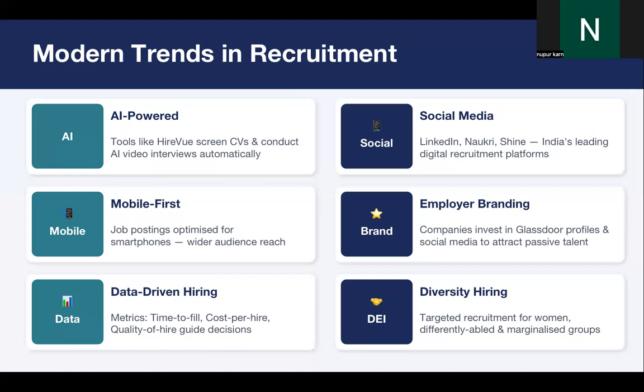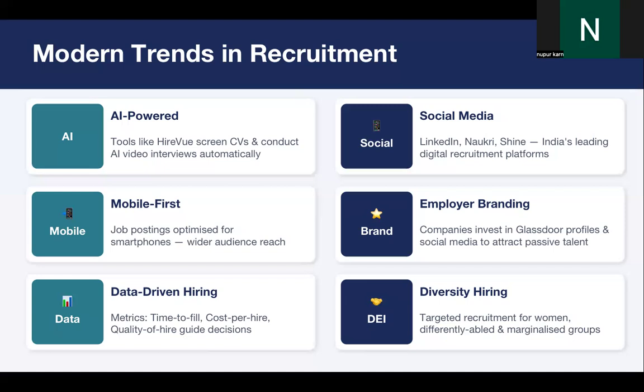Diversity hiring. Diversity hiring means recruitment for women, differently abled people and marginalized groups. People who were previously not a part of employment, the government has made it mandatory to include them as a part of the workforce team.